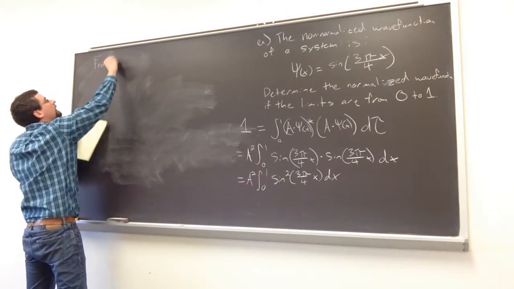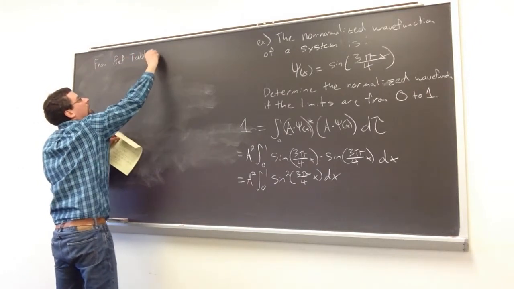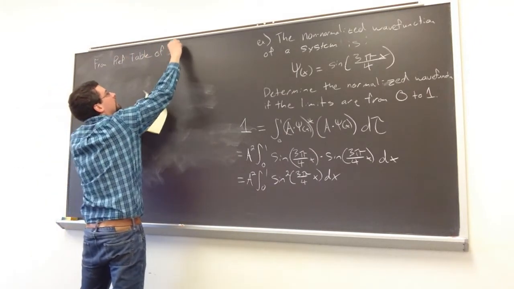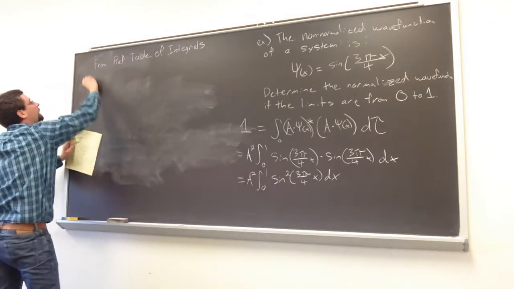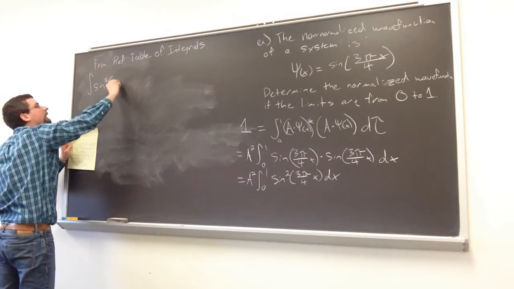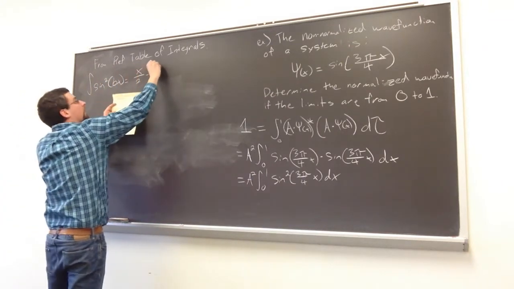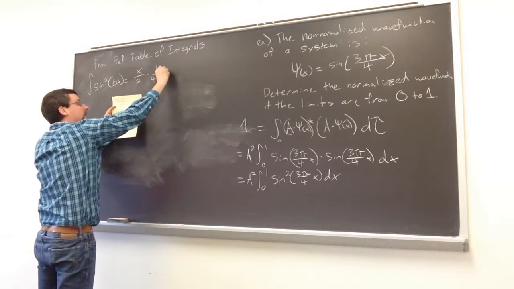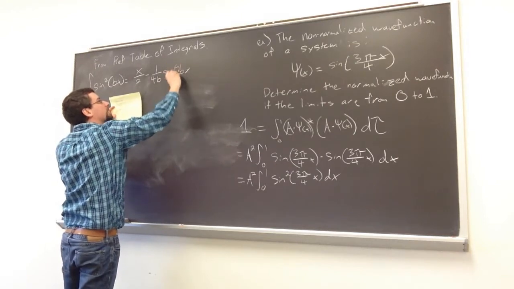From a reference table of integrals, we have the integral of sine squared of bx is equal to x over 2 minus 1 over 4b sine 2bx.